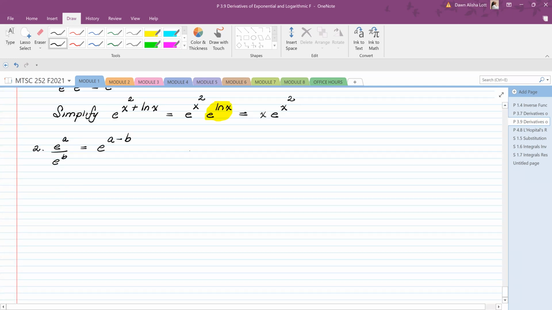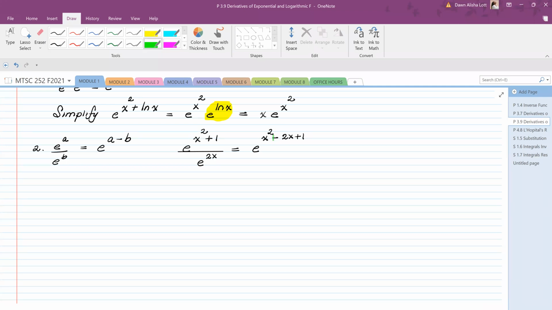So e to the x squared plus 1 divided by e to the 2x just becomes e to the x squared minus 2x plus 1, because I'm subtracting off my 2x.